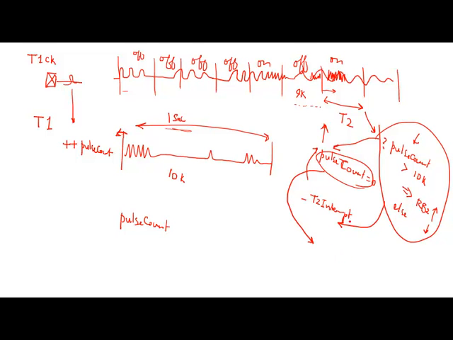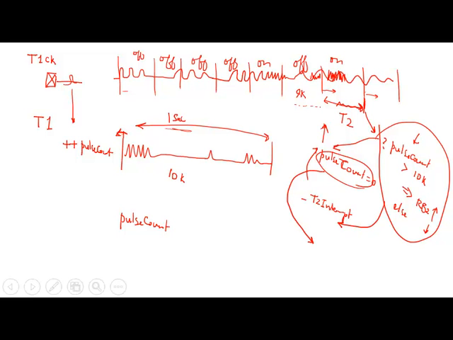So when the T2 interrupt comes, it means that you have reached the end of the cycle, and that means that you have to check to see if the value of pulse count is greater than 10K. If it is, then set RB2, otherwise reset RB2. And right before you exit, you reset pulse count to 0 to be ready for the next cycle.